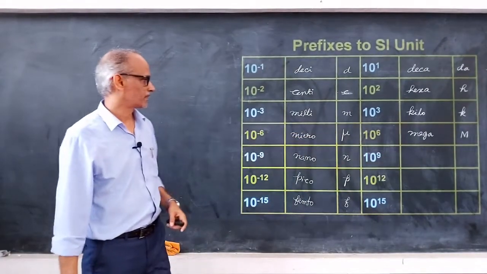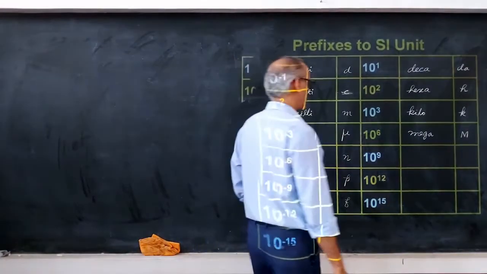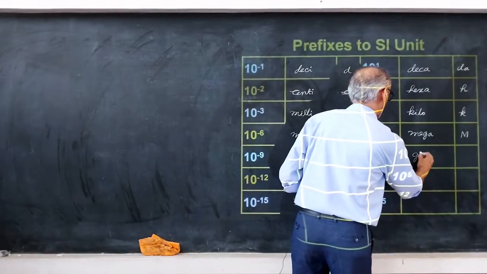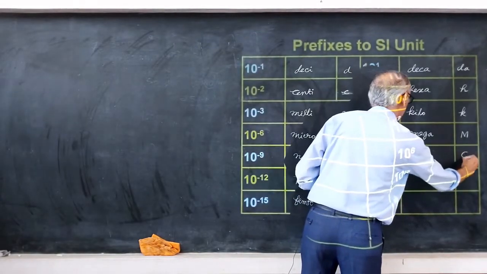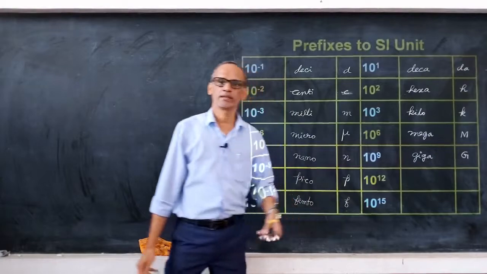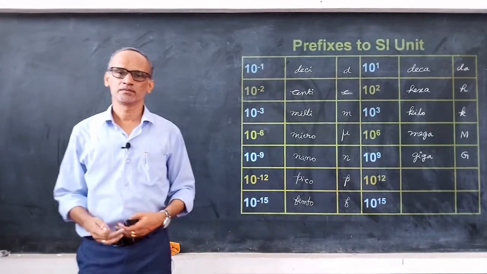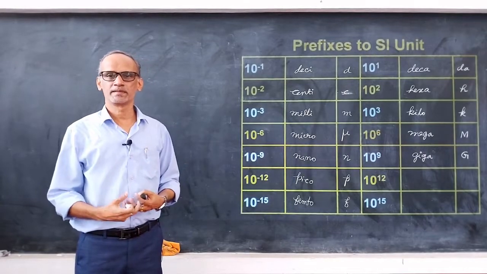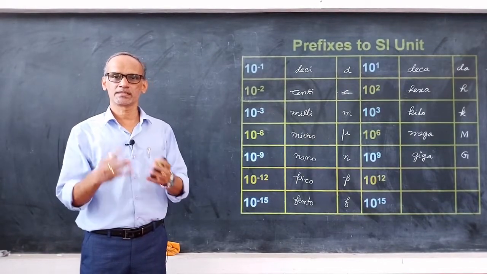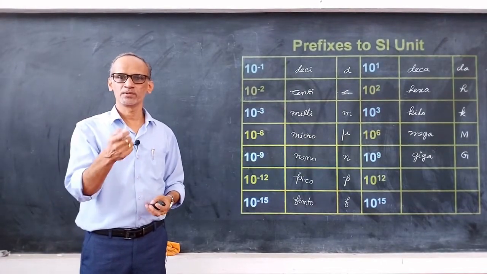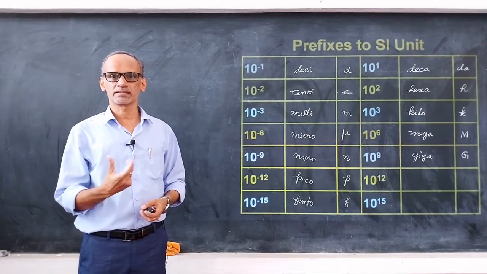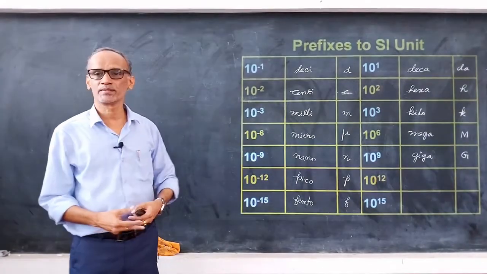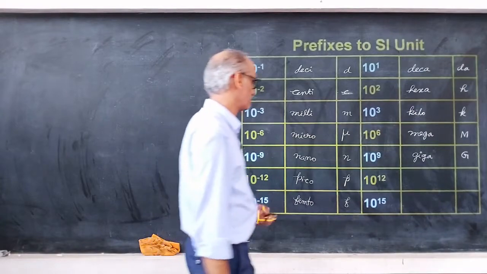So capital M for mega. Then 10 to the power 9 is giga, capital G. We say gigabyte, like 2 GB space, 3 GB space, 16 GB, correct? Whenever we use the pen drive, we write its capacity in terms of GB. That G stands for giga.